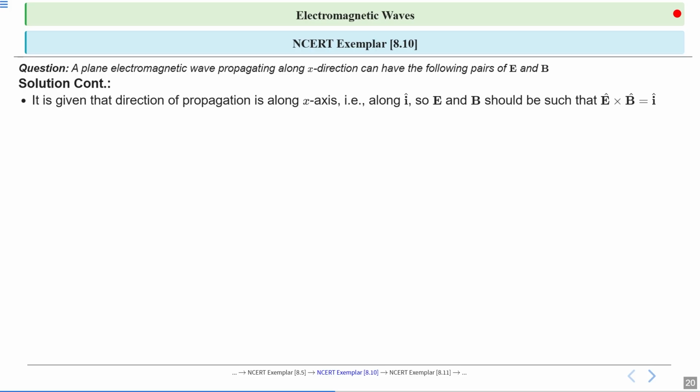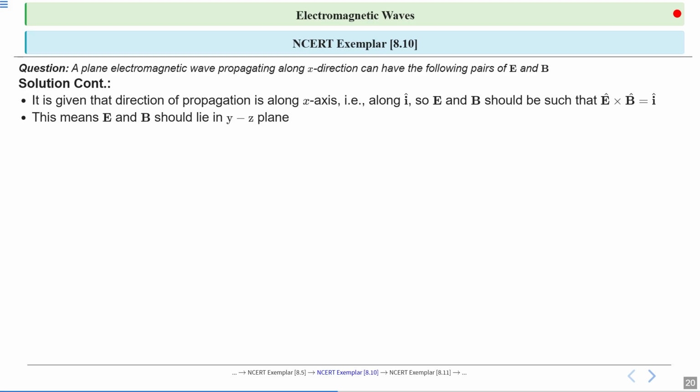It is given that the direction of propagation is along the x-axis, along I cap. So E and B should be such that E cross B equals I. According to the cyclic property, which two vectors in a cross product will give I cap? J cross K will give I cap, or minus J cross minus K will give I cap.